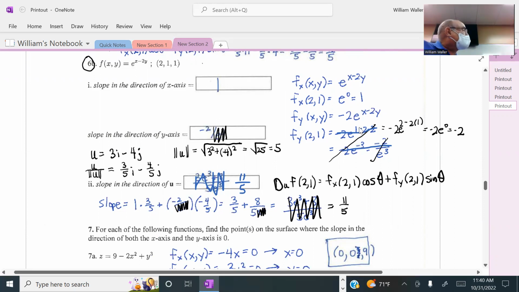So when I was writing the original solution, this value turns out to be just minus 2, and then you plug that into your directional derivative formula, and you end up with 11/5. My original answer there was a very complicated quantity, but the actual answer is much simpler.